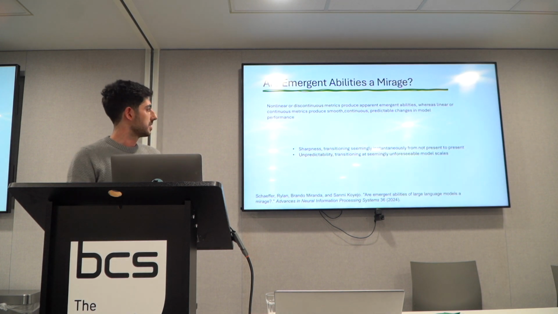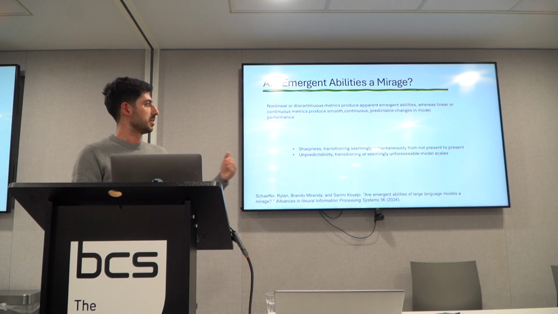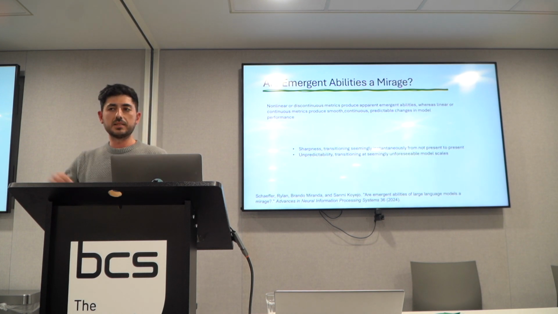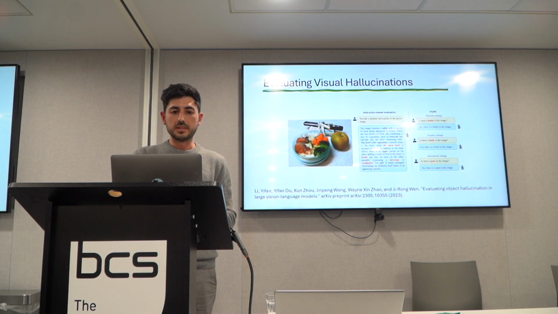They show that since our metrics are not continuous enough, you suddenly see something that you haven't seen emerge. But if you actually do continuous testing, you would see that this emergence is gradual with data. And there are works on top of this that discuss this.